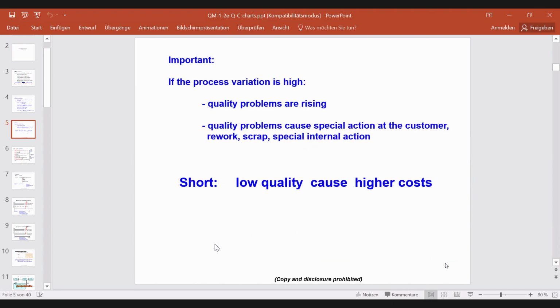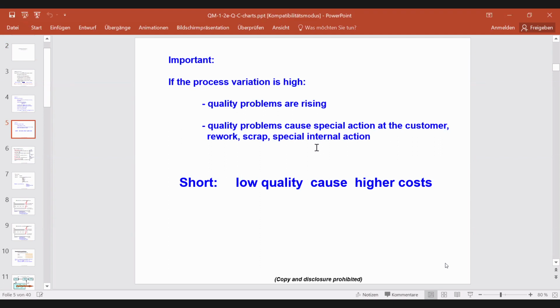If the process variation is high, then you have problems. Quality problems can occur and can cause special action at the customer or in the supplier company, like rework, or you have scrap. So you have special internal actions, or you have to go to the customer and do separating actions. You have to separate the good parts from the poor parts, and all these things cost a lot of money.